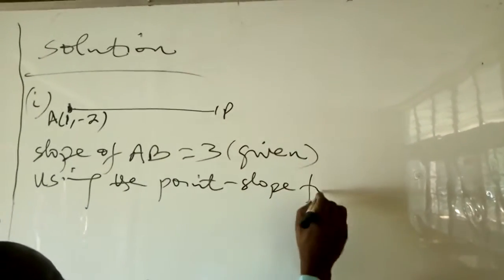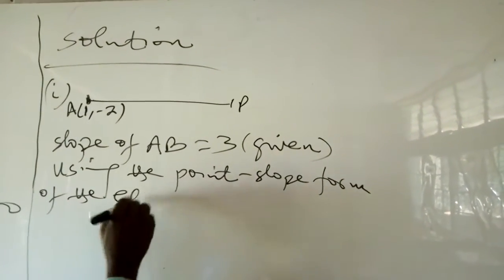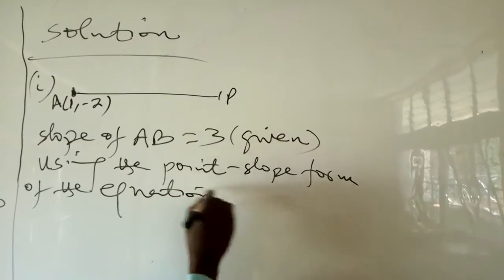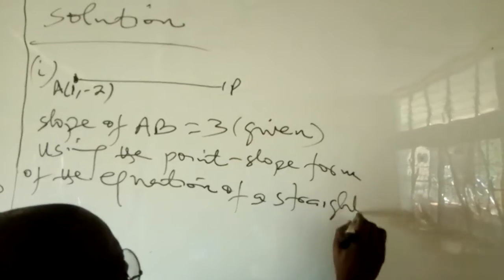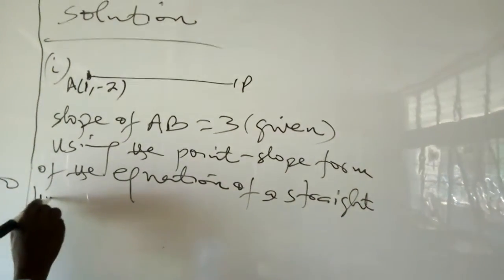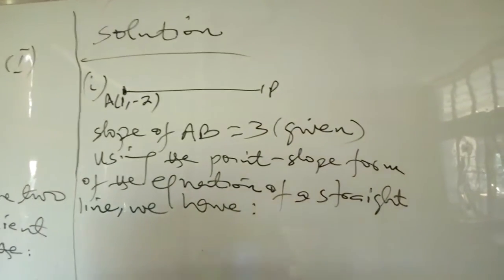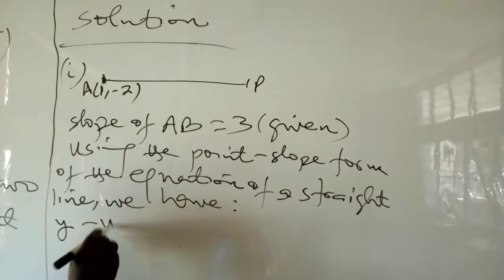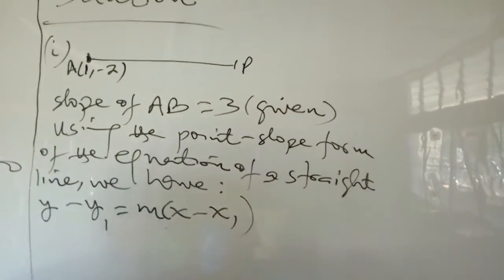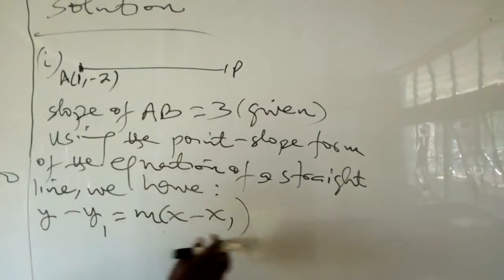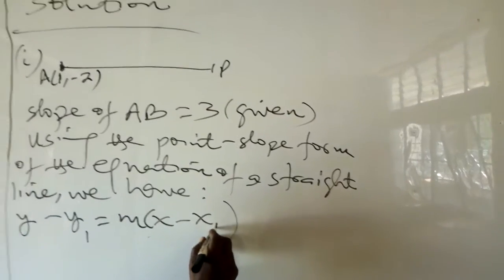The equation of a straight line in point-slope form is y minus y1 equals m into x minus x1, where x1, y1 are the coordinates of one point and m is the slope.